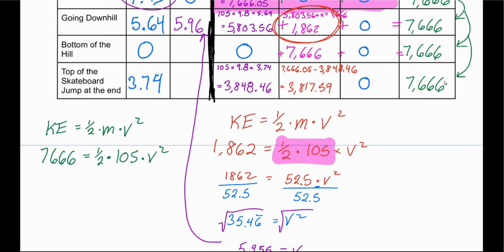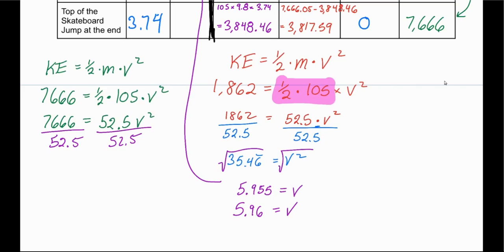Multiply it out. Divide by 52.5 because it's multiplied. And I get 146.02 is v squared. The opposite of square is square root. And I get 12.08.